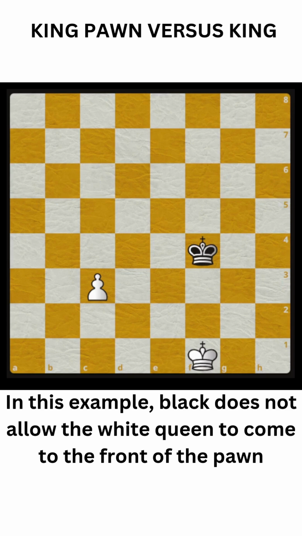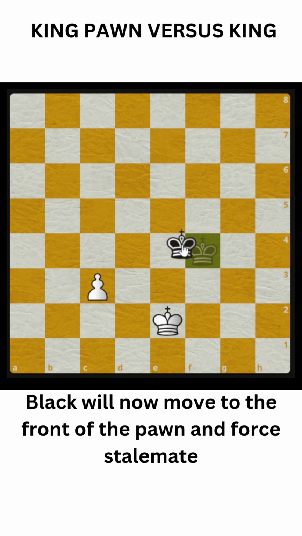In this example, black does not allow the white king to come to the front of the pawn. Black will now move to the front of the pawn and force stalemate.